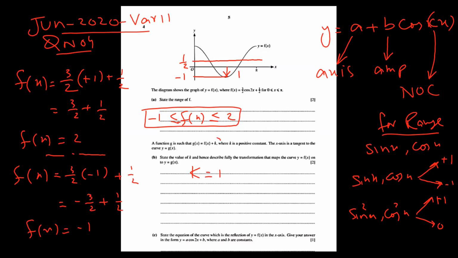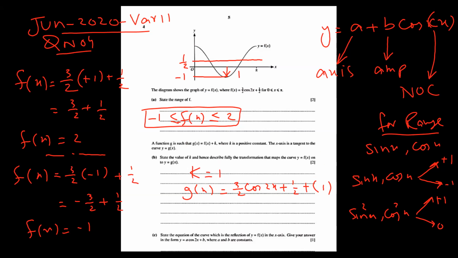Why, sir? Because in this function, g of x equals f of x plus k, the same function 3/2 cos 2x plus half plus k value 1. It means if I put k value 1, the full graph will shift 1 unit upwards, because when you add something, it moves up. So 1 unit up.